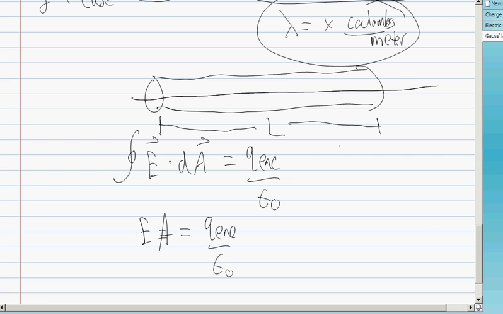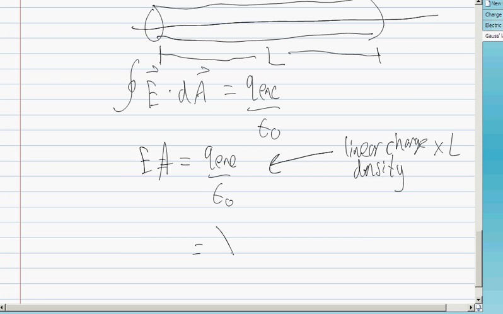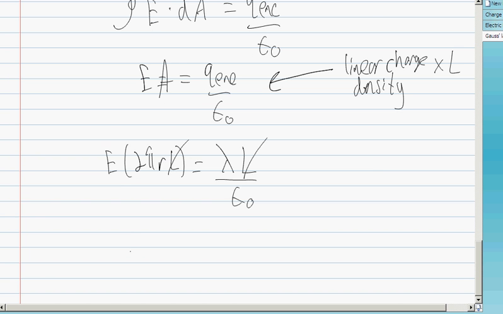In this case, to get Q enclosed, we're going to have to take our linear charge density times our arbitrary length L. So this becomes lambda L over epsilon naught, and A, when we've got a cylinder, is going to be 2 pi r L. The L's divide away, and our electric field becomes lambda over 2 pi epsilon naught r.